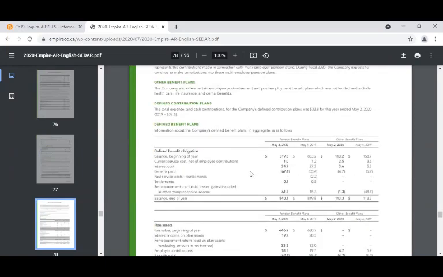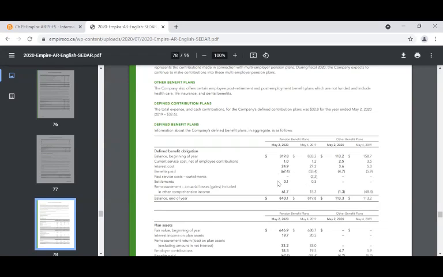Okay, so, about the defined benefit obligation. They have comparative two years, but they also separate pension benefit plans and other benefit plans. So the continuity table starts with the beginning balance, the current service cost, the interest cost, benefit paid. There's a past service cost in 19, but not 20.